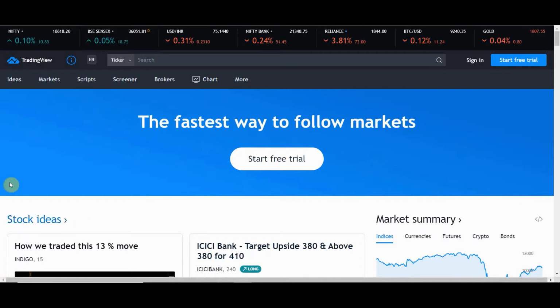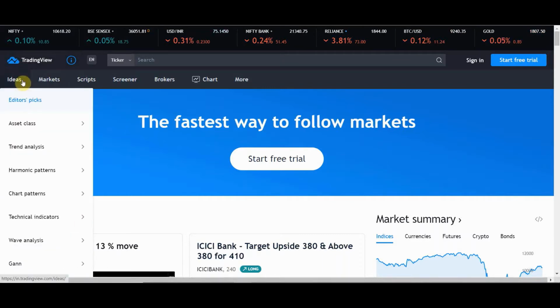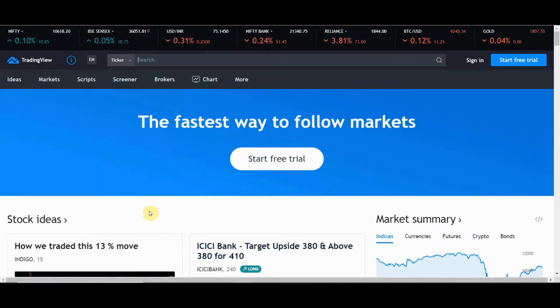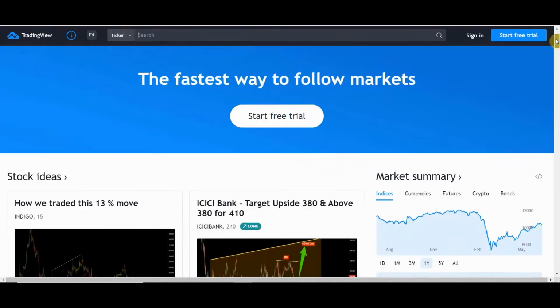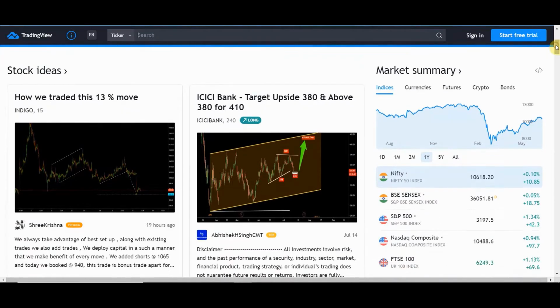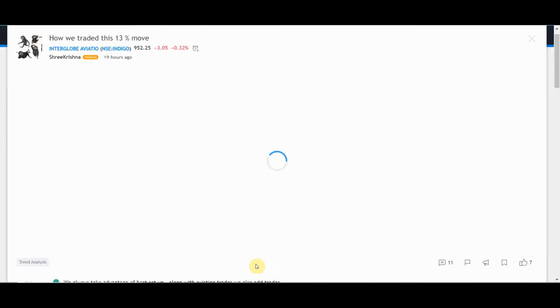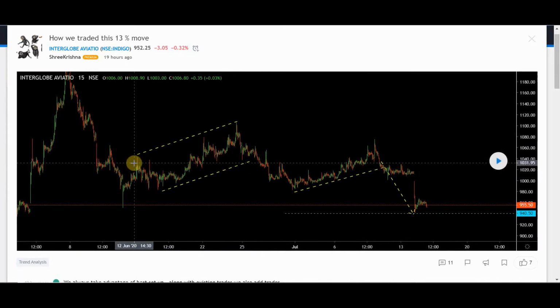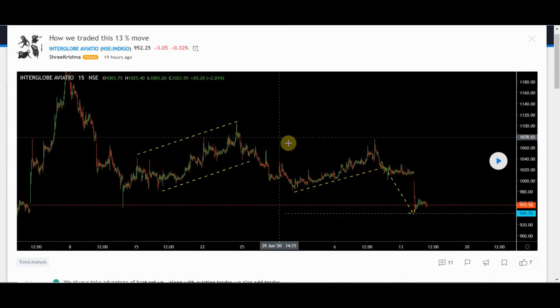On the home page itself, there is a section called Ideas. What do we mean by ideas? These are stock ideas posted by different traders according to their strategies and opinions. Here you can see a trader has posted stock details of Indigo. He has assumed that when this level breaks, it will go up or down.